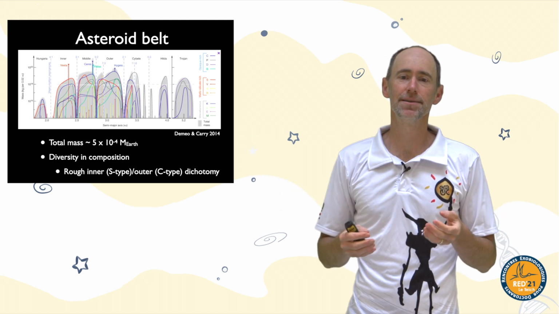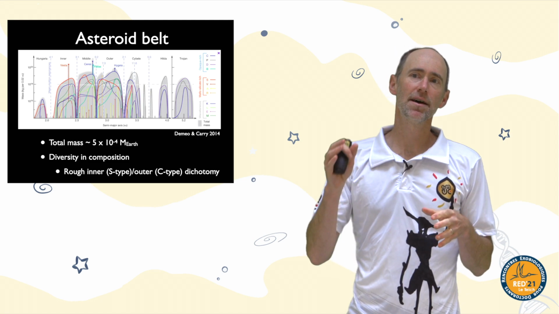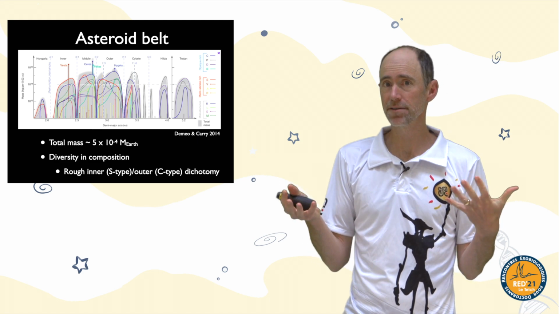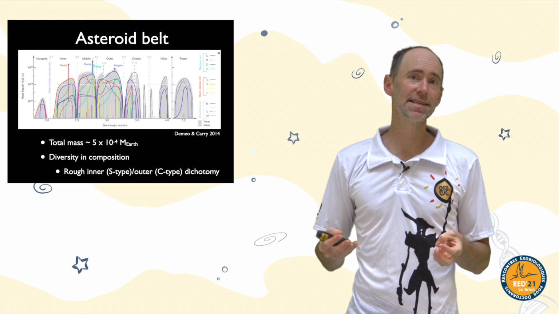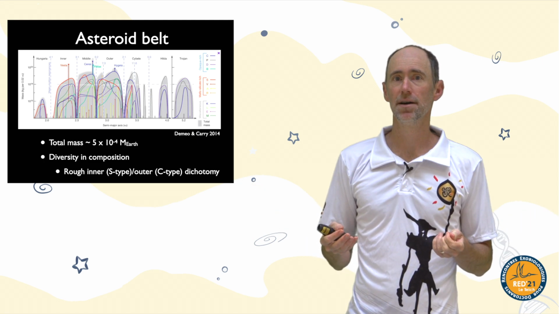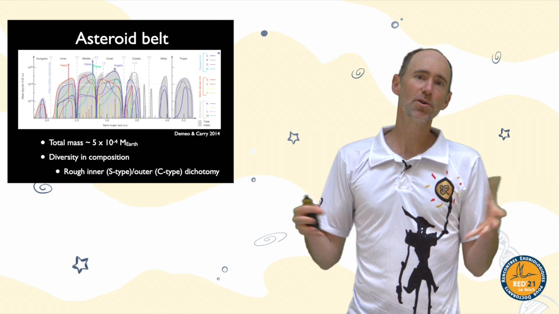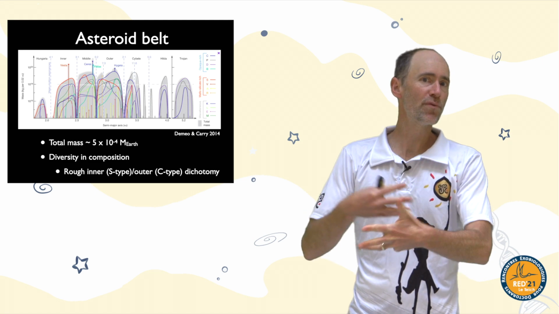But that's all right. So in terms of the asteroid belt itself, the details of the orbital structure and the compositional structure of the belt is another constraint. The asteroid belt itself only contains less than 1,000th of an Earth mass in total. So it's relatively empty, it turns out. But the orbits of the asteroids are relatively excited, and the asteroid belt is not just a uniform mix of different stuff.